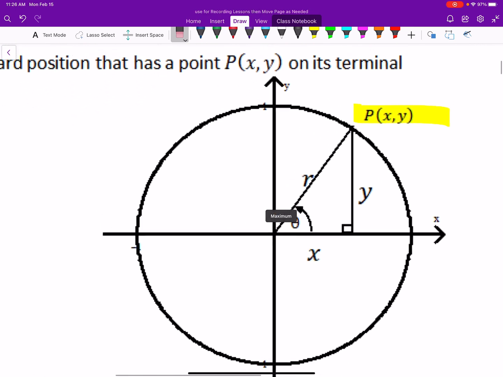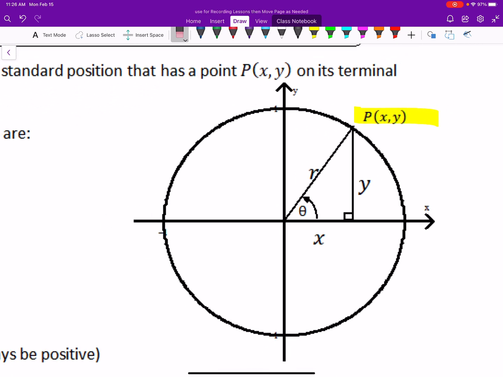If we imagine this point is on some sort of string attached to the origin, maybe by a pin, and we were to go all the way around in a circle, then that string would form a full circle around the origin. So I'm just suggesting that that point is connected to the circle.